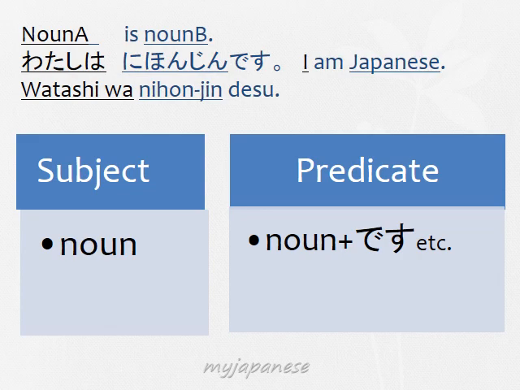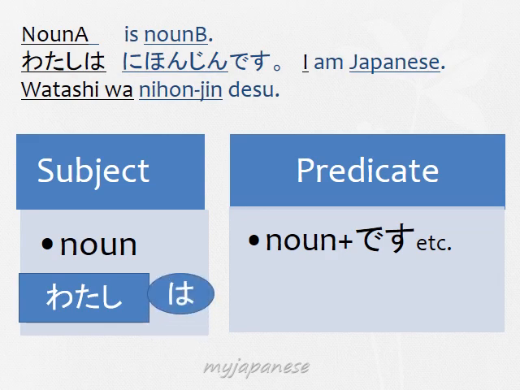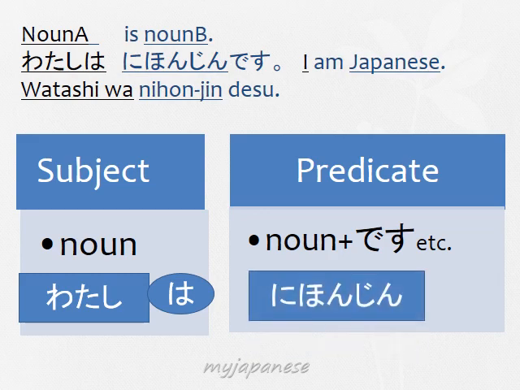Example sentence. 私は日本人です。I am Japanese. 私 I, which is noun, plus particle は, subject part. 日本人です。Noun, 日本人 Japanese, which is noun plus helping verb です, predicate part. This indicates the sentence is present, affirmative, in polite style. Okay?